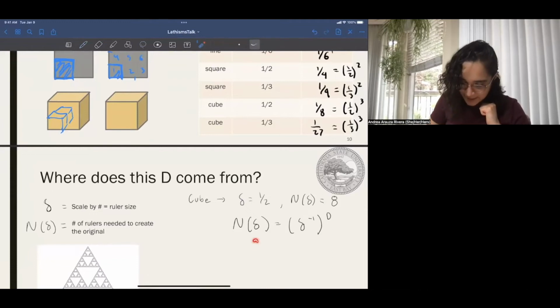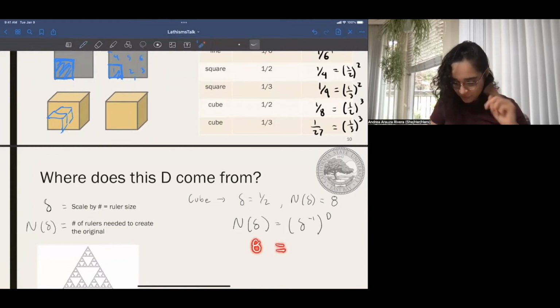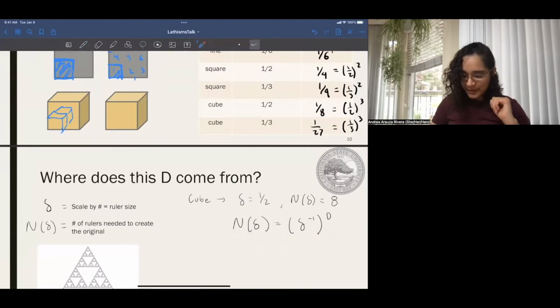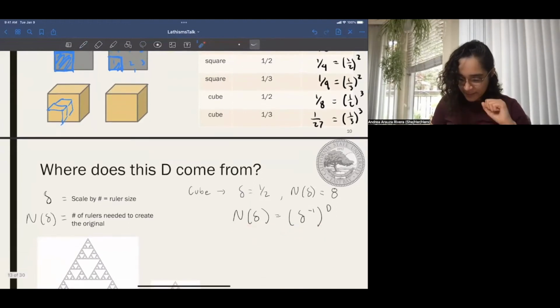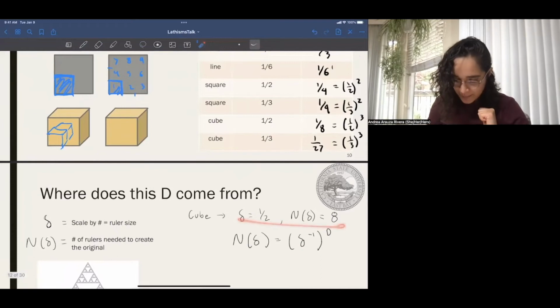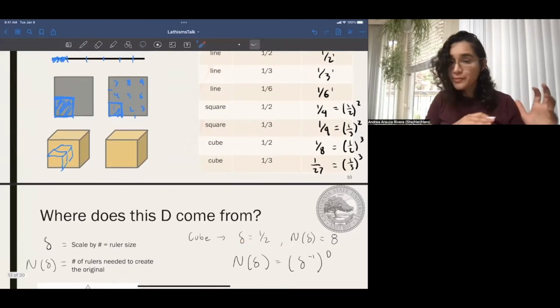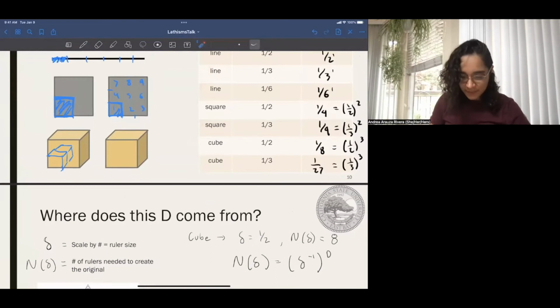So think of this as 8 is the same as the reciprocal of delta, which would be 2, to the power of the dimension of the shape, the cube. So in this case, the cube is 3-dimensional. Okay, so that's what this relationship is telling me, right? N of delta is the same as the reciprocal of delta to the power of d, the dimension of the shape. Okay, and if we looked at this for any one of these other examples, we would see the same exact relationship.